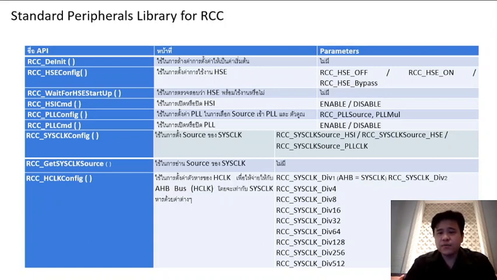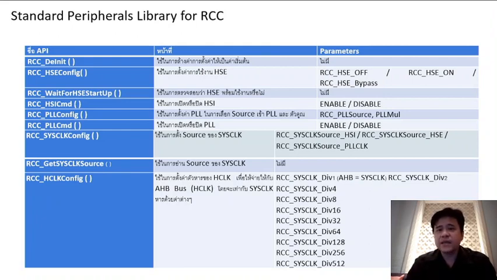First of all, let me show you the APIs for the RCC group. There are plenty of libraries, but how can you find the standard peripheral library reference? You can go to the website for your CPU or the manufacturer's website.